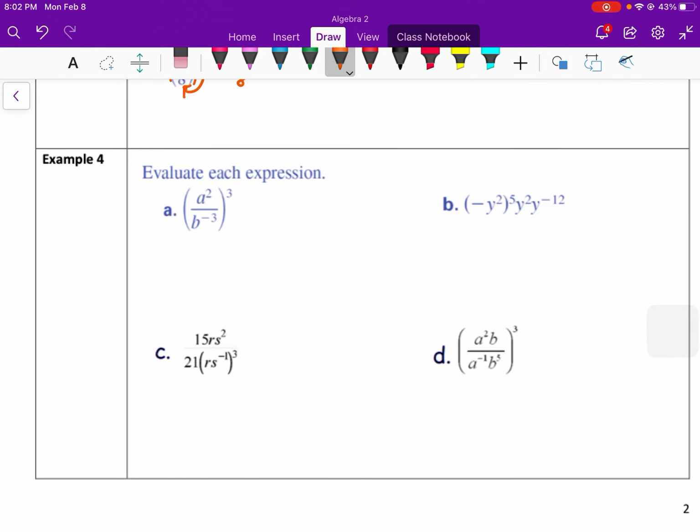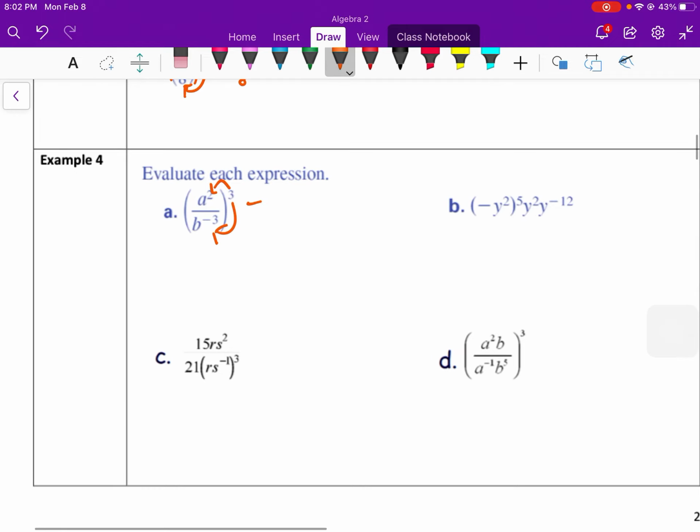Evaluate each expression. Again, the bases aren't the same, so we can't subtract those exponents, but we can distribute this power here because it's a quotient to another power. So we're rewriting that as a to the a squared times 3 over b to the negative 3 times 3.